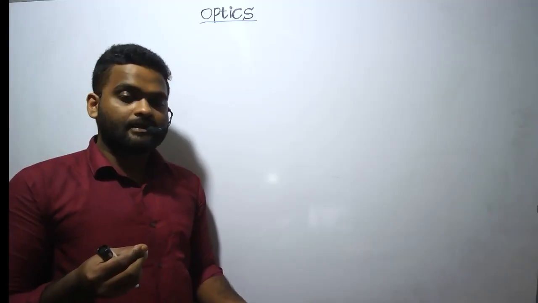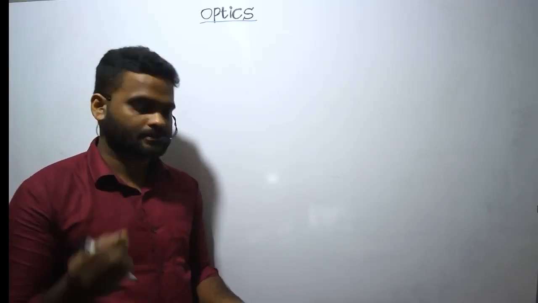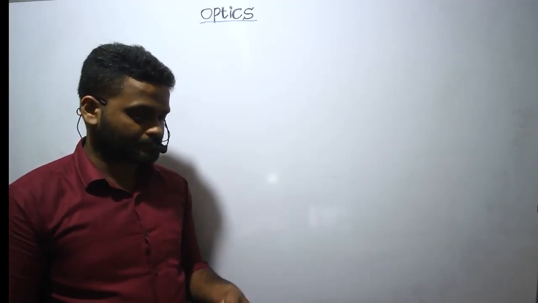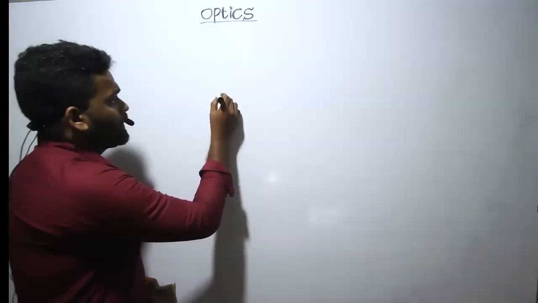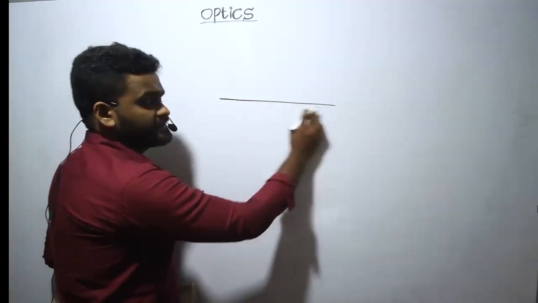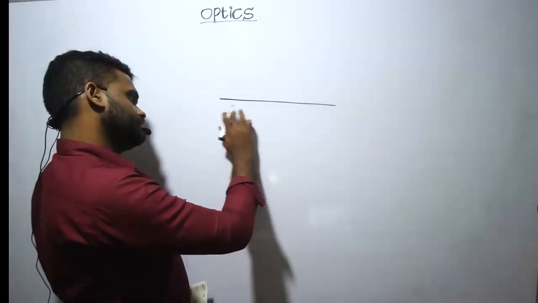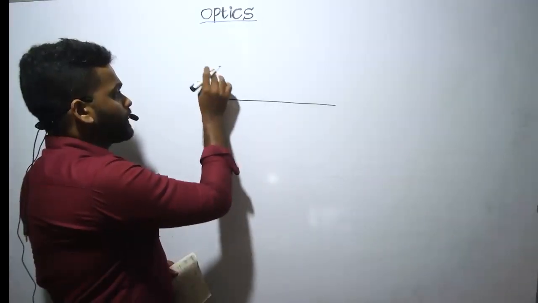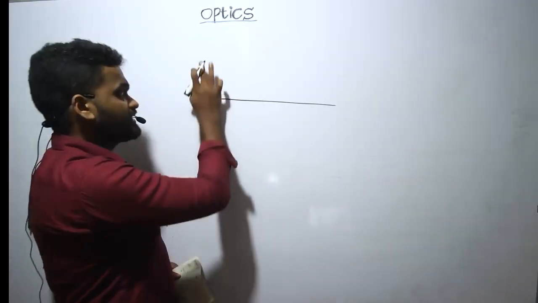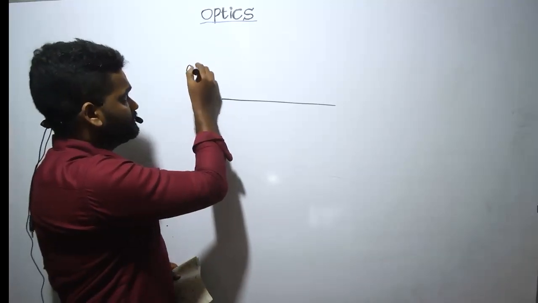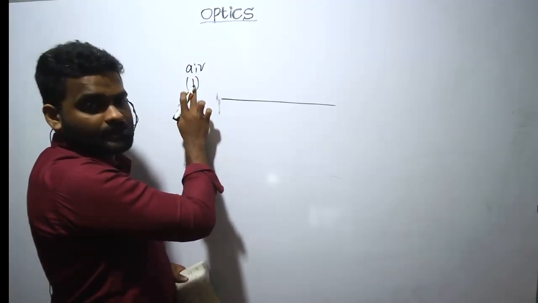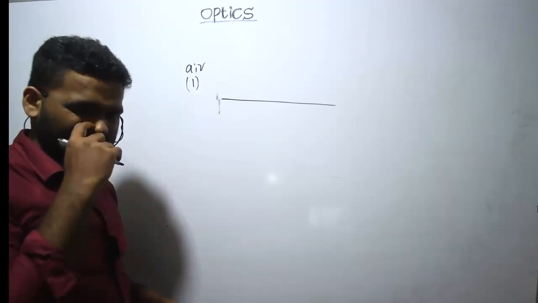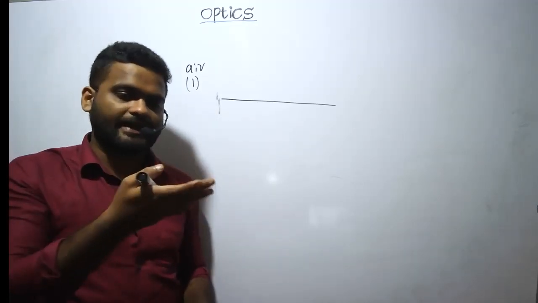So let's see how that happens. Let's say this is the interface. For simplicity, I am considering this to be air. The refractive index of air is 1, since we approximate it to be a vacuum.